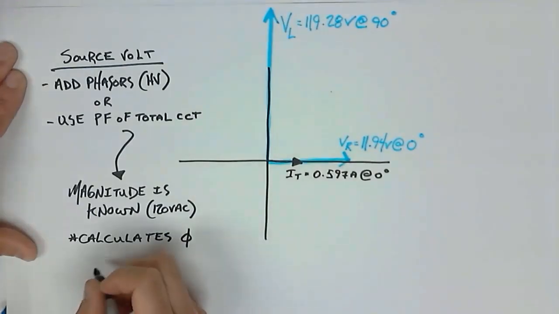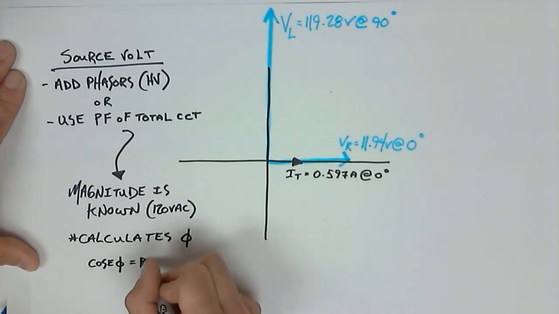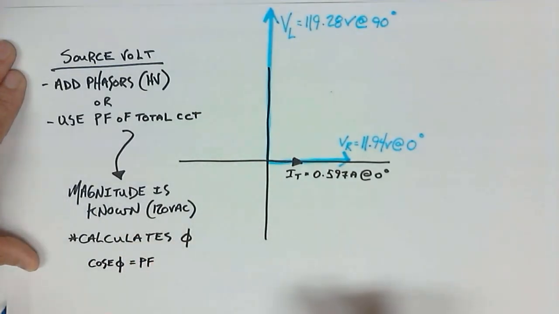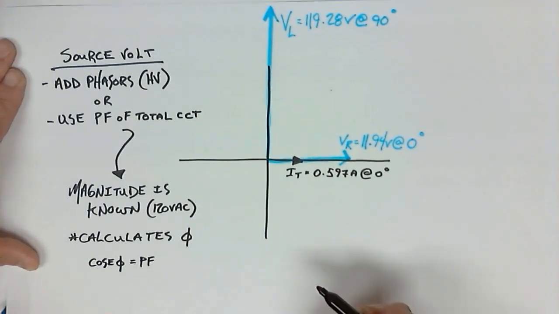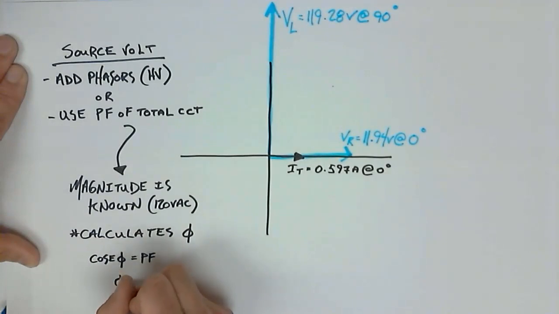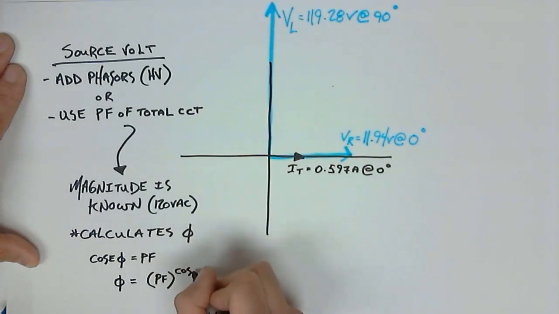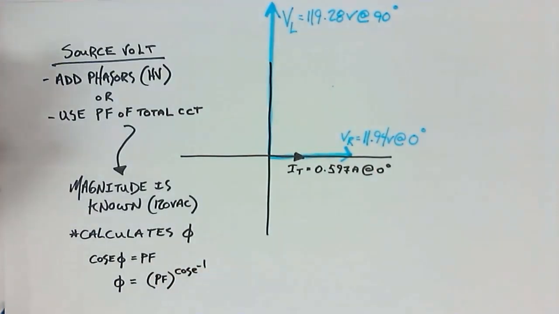So how do we do that? Well, cos of the angle is equal to the power factor. And an easy way for us to get immediately to our answer: the angle is equal to the power factor with the inverse cos applied.